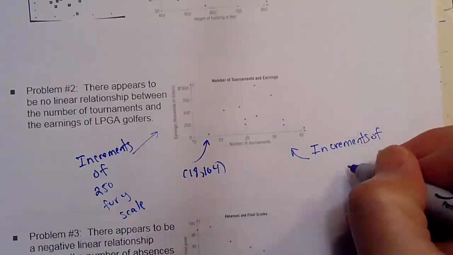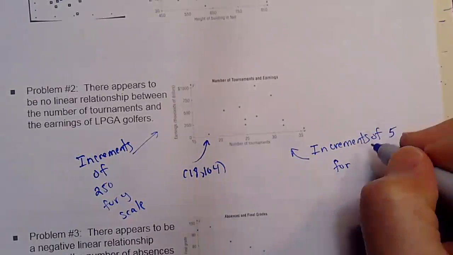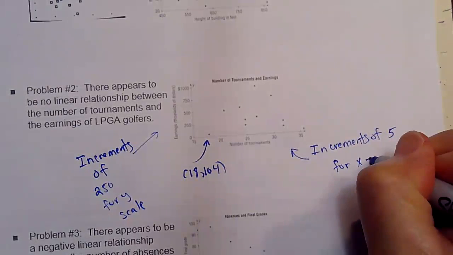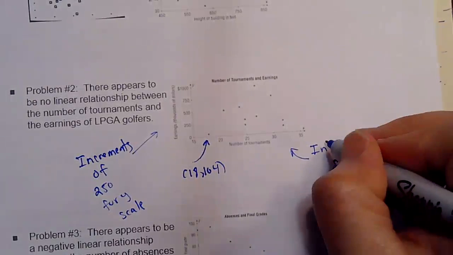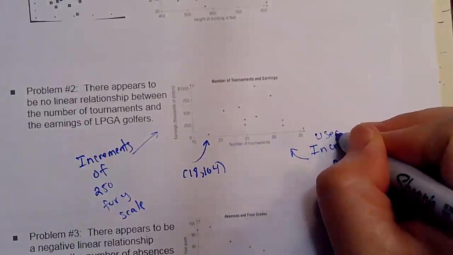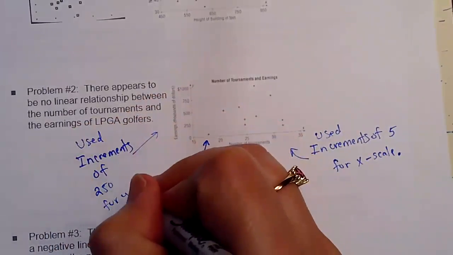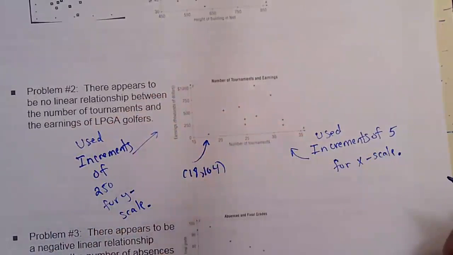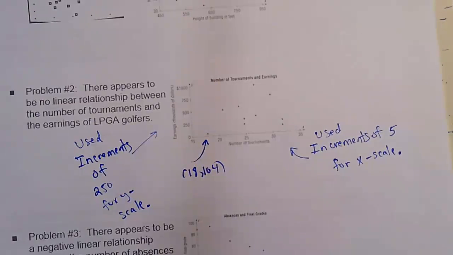Okay, increments of 5. They use increments of 5 for their X scale. Got that written down? If not, just pause it and then write it down and you can start again.